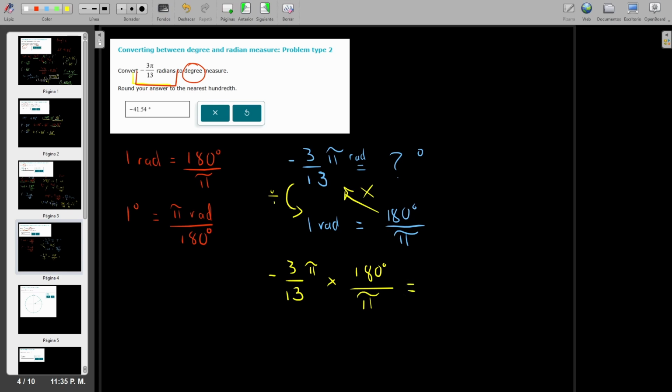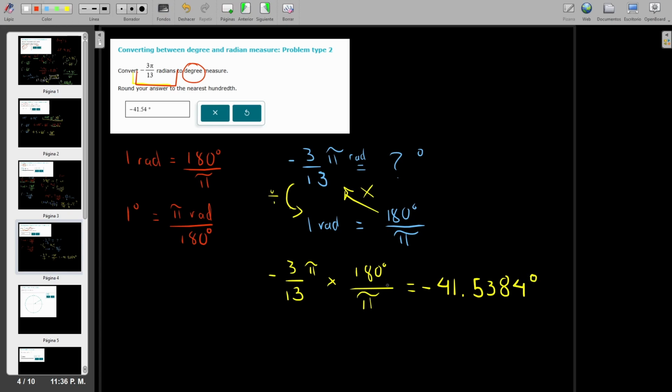If I just use again my scientific calculator, minus 3 pi over 13 times 180 over pi, it is going to give us the value of minus 41.5384 degrees. This is the answer.